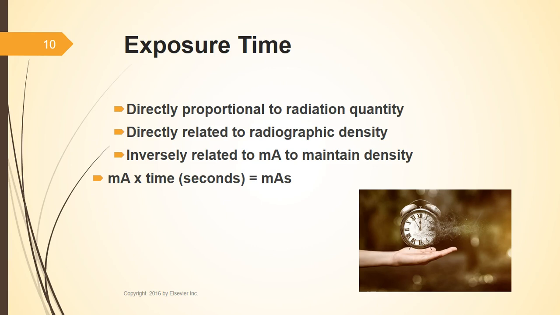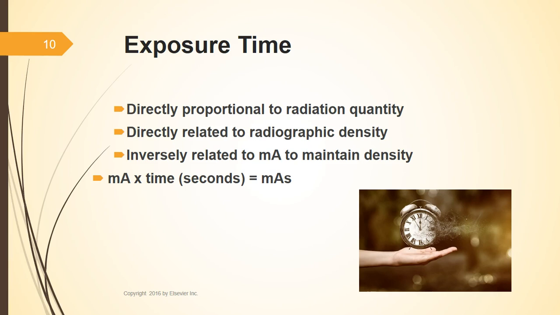If you were to increase your MA to maintain density, you would decrease your time, and that's what we mean by inversely proportional. Mass together, MA and time, is directly responsible for the quantity of photons produced in the beam, therefore directly responsible for the brightness on a digital image. Time is the second part of mass, and this is responsible for the length of exposure.